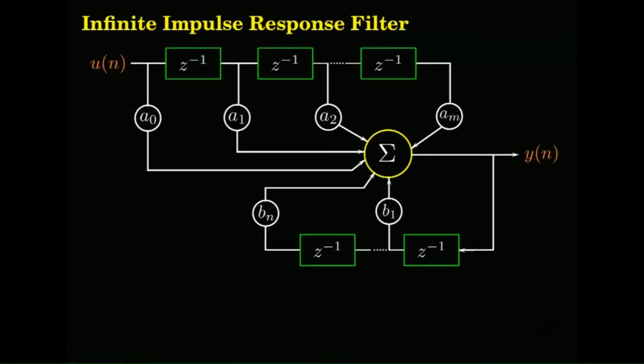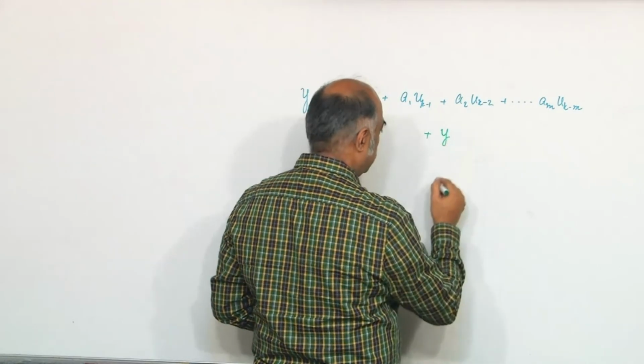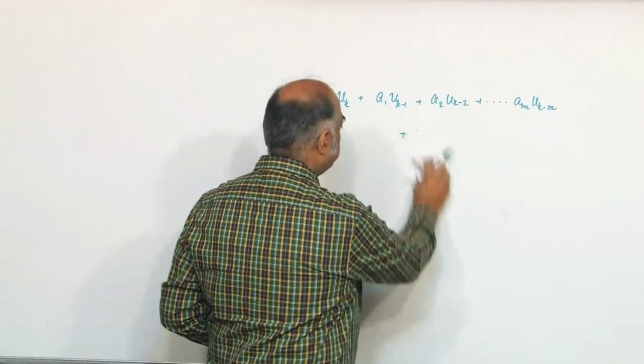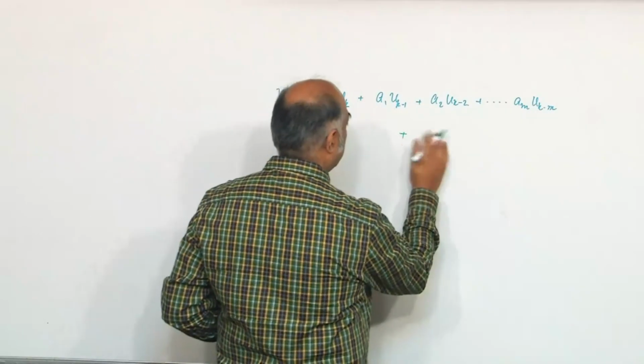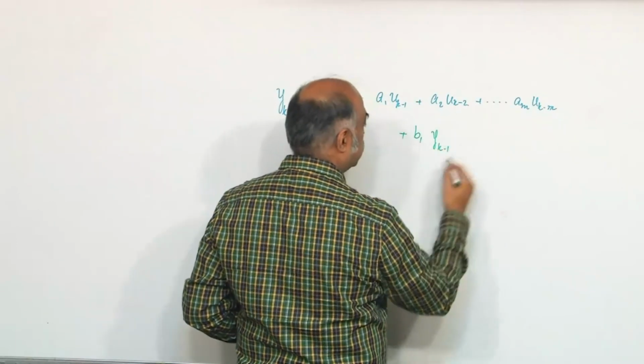You also have the feedback terms, right? You have to add for this and add for this in the summation. The summation we have right now takes care of all these forward terms. Take care of the feedback also, which is b1 y k minus 1.